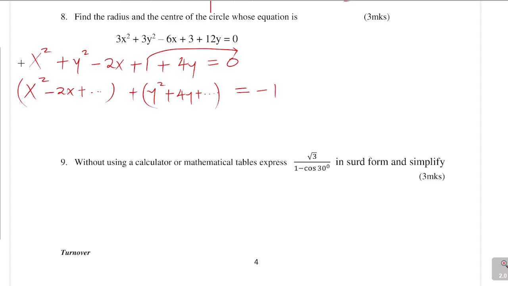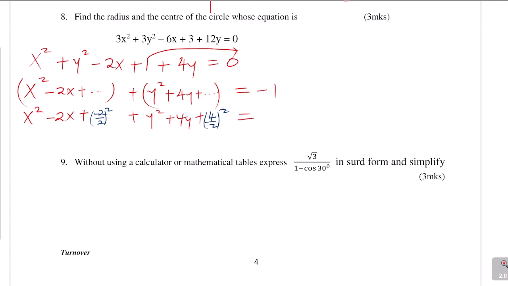Now this is how we complete the squares. You have x squared minus 2x, then plus, you simply take the coefficient of x, divide it by 2, and then square. Simple as that. For the next, you do the same: the coefficient of y, which is 4, divided by 2, and then you square.